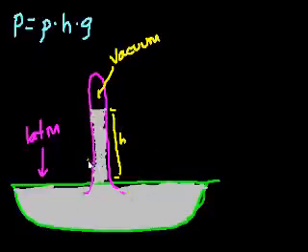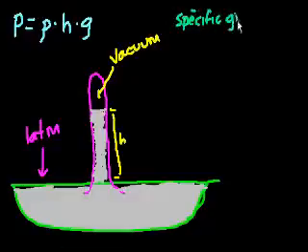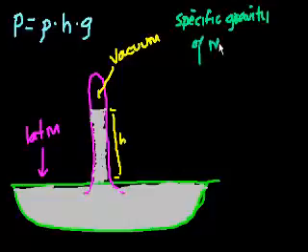So let's try to solve this problem. Oh, and a couple of things we have to know before we do this. It's mercury, and we know the specific gravity of mercury is 13.6. I'm using this terminology because in a lot of these problems, the hardest part is the terminology.